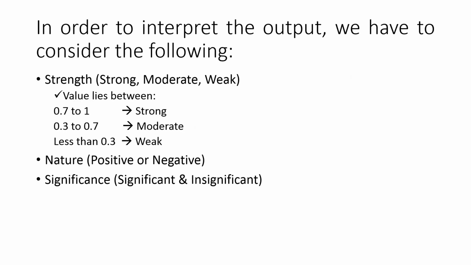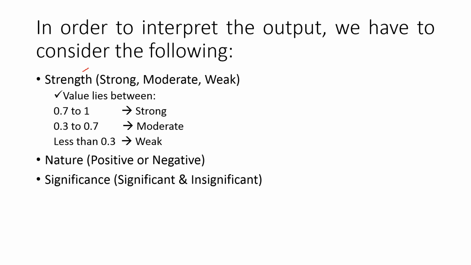In order to interpret the output, we have to consider the following. After doing the analysis, you will come to a conclusion and you have to go for interpretation, right? For that, we have to consider strength, that is, whether it is strong, moderate or weak.